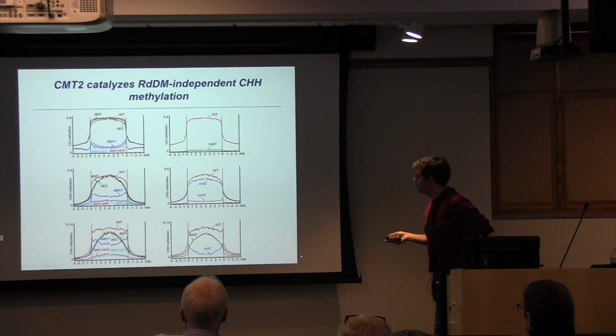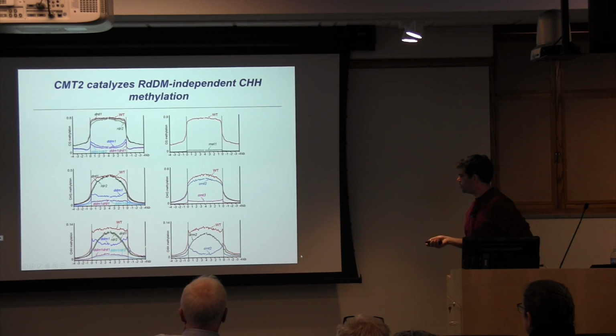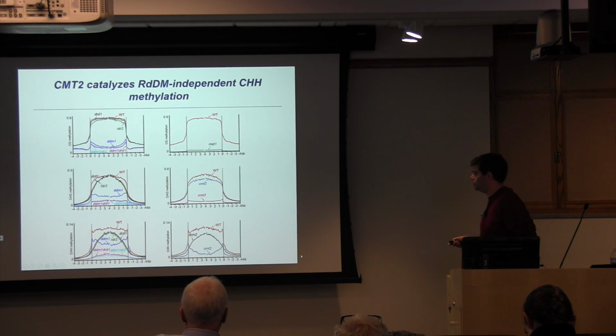But when we look at CHH methylation, we find that in DRM2 mutants, the methyltransferase linked to RDDM, we have a partial loss of methylation, which looks exactly the same as the loss of methylation in RDDM mutants. But in the CMT2 methyltransferase, this chromomethylase that is homologous to CMT3, there's a very, very strong loss of methylation. Between these two, they account for all the non-CG methylation, all the CHH methylation in the genome.